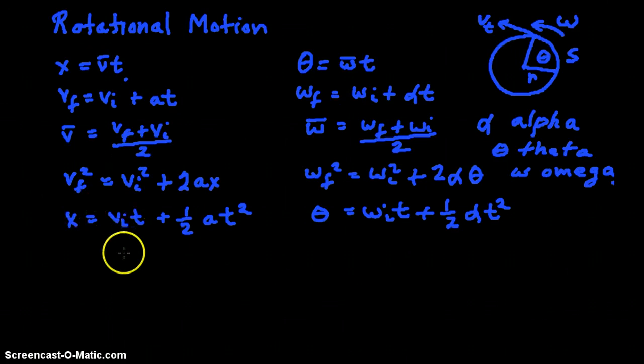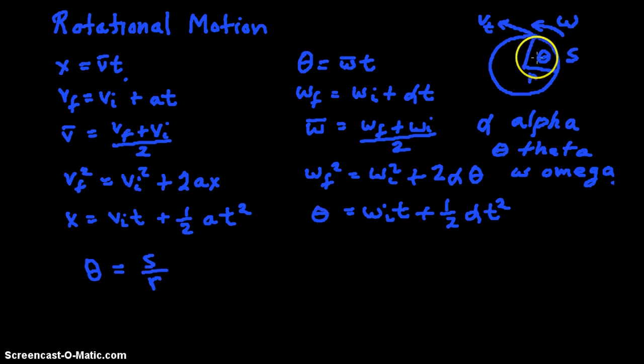So first I just want to review what a radian is. You may recall this formula from trigonometry, that an angle in radians is given by the arc length that subtends this angle theta divided by the radius.